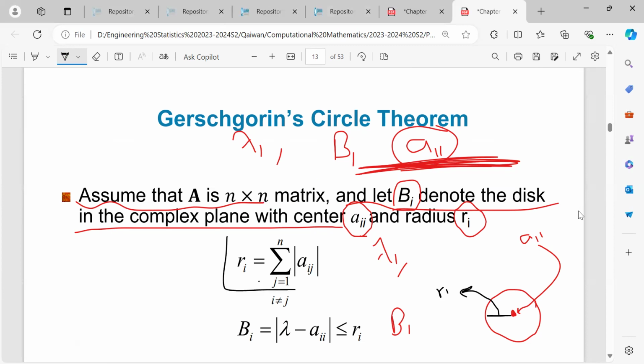Here we have this formula for finding R. It is the sum of the absolute values of all entries in the first row except a_11, where j doesn't equal i. Except a_11, we find the sum of the absolute values of all the other entries.